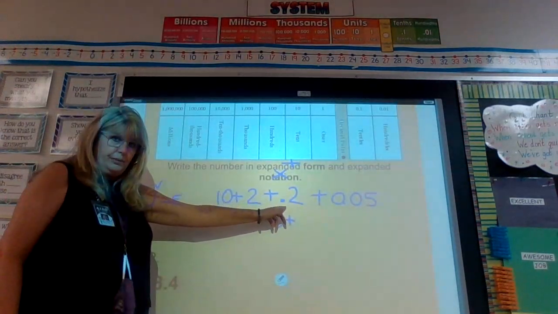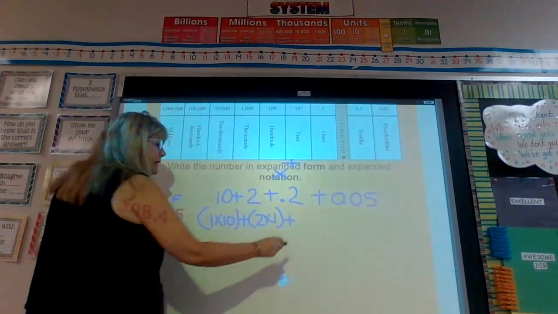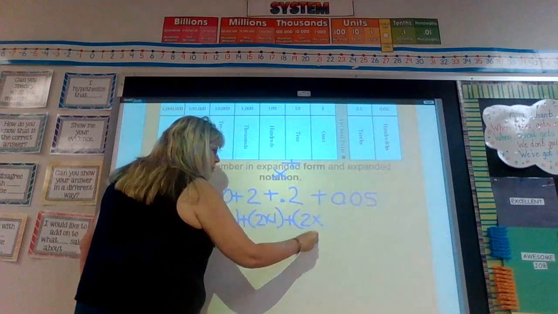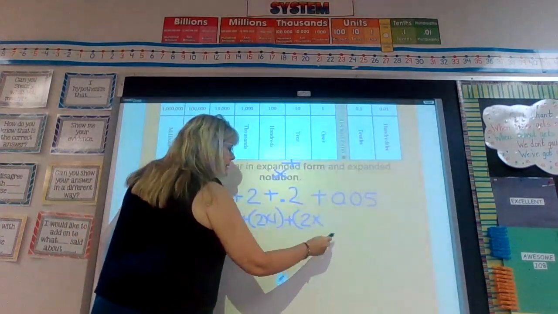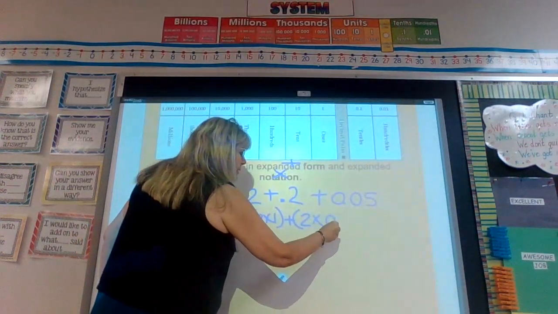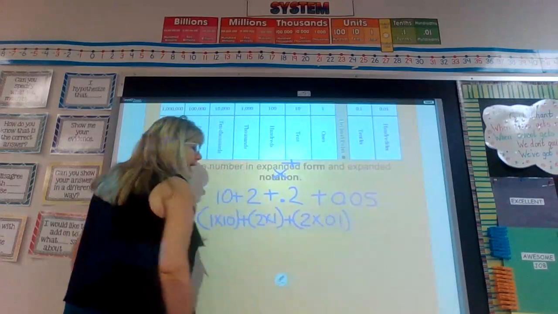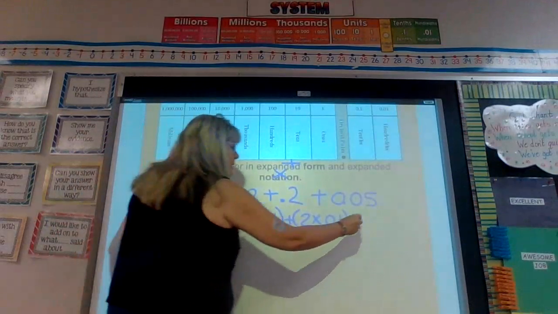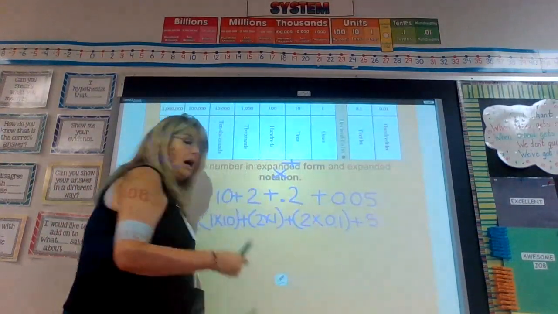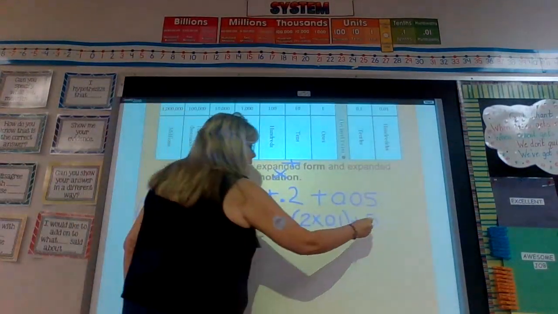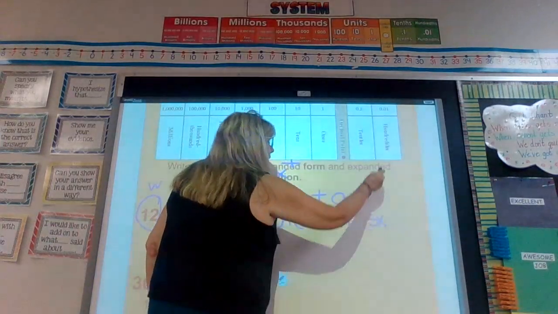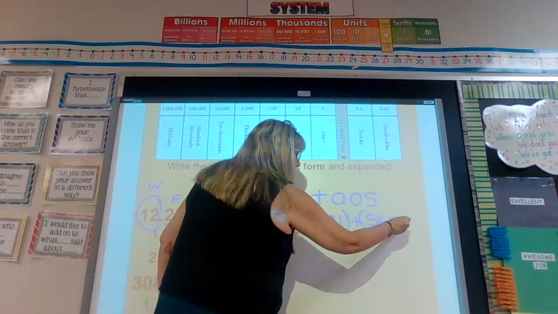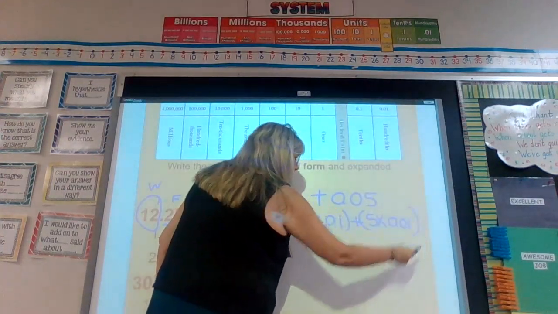That number 2, after the decimal point, is in the tenths place, so I'm going to say 2 times, and what represents tenths? I'm going to put 0, decimal point 1, and then one more I'm adding. That 5 is in the hundredths place, so I'm going to say 5 times the value of what the hundredths place stands for, 0, decimal point 0, 1.